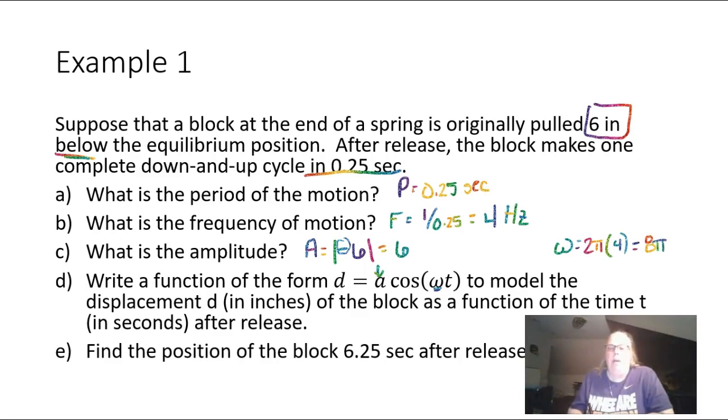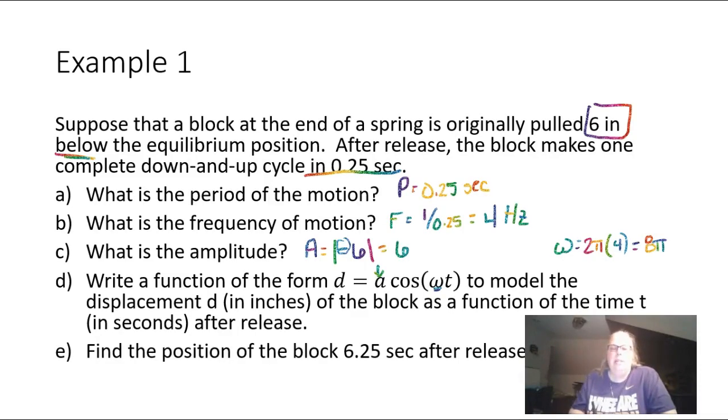When I write my model, we're going to have d equals a, and we put the negative in there, remember, because the starting point is below the resting point of our block. So we have a times the cosine of omega, which we just found to be 8 pi, times t. And there's our model.